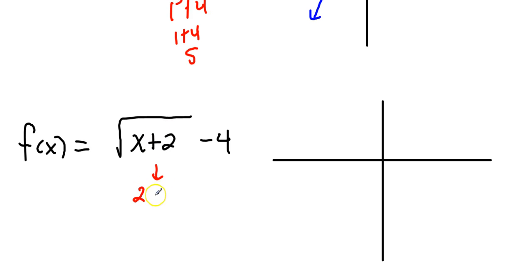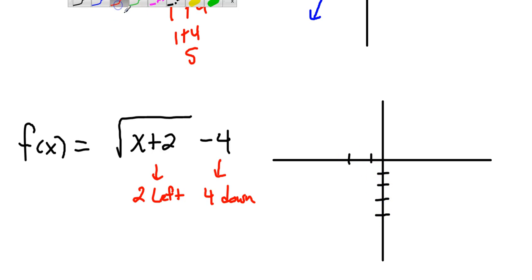Okay, so the plus 2 on the inside means you're going to go opposite direction, so we're going 2 spaces to the left. The minus 4 means we're going to go 4 down. So then from 0, 0, basically do that. Go 2 left, and then 1, 2, 3, 4 down. And for that one, that would be your starting point that we're looking for.